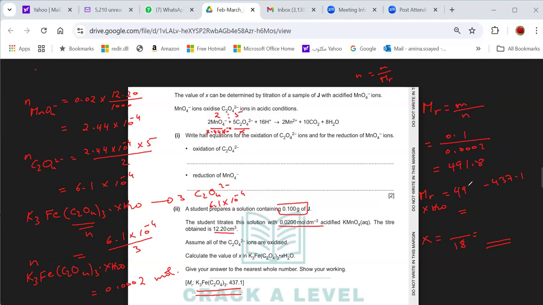And so if we subtract this minus 437.1, I got 54.7. If we divide it by 18, I get 3 moles, so X equals 3. Okay.